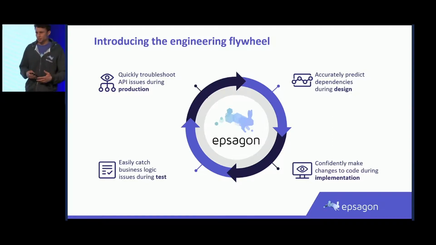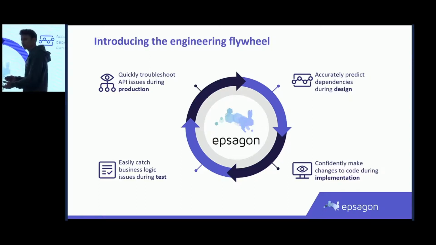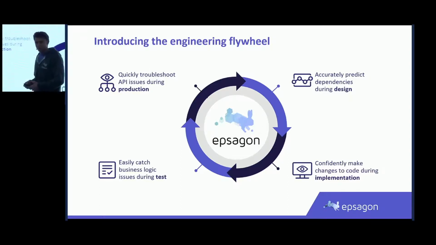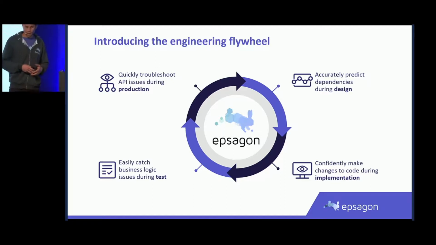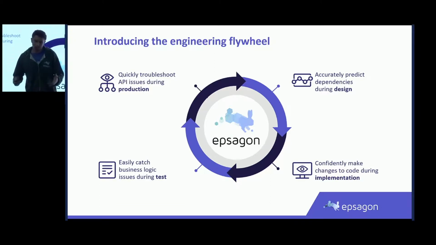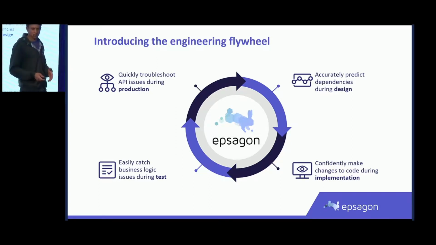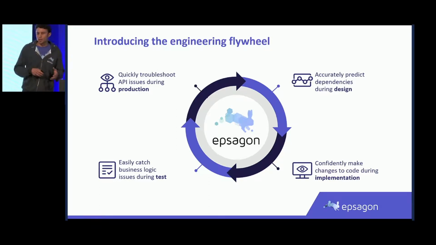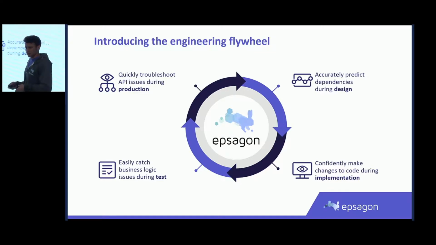At implementation time, we can confidently commit changes because we know what will happen next. We have better understanding of our system, so we know what will happen ahead of time. And while we're building and running tests, we will catch more issues using observability even before they get to our customers. And obviously in production, we will rapidly resolve issues so our customers can go back to being happy and we can go back to developing amazing things.